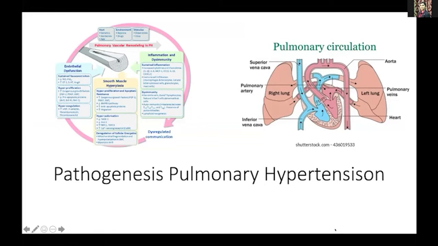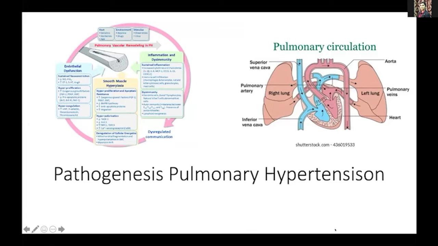So let's talk about pulmonary hypertension. Pulmonary hypertension is a myriad of cardiovascular causes, and it involves endothelial dysfunction, smooth muscle hyperplasia, and also inflammation and dysimmunity. It is governed by a lot of factors. For example, now we know that genetics play a role: the BMPR2 mutation in your gene can lead to what we call familial pulmonary arterial hypertension.